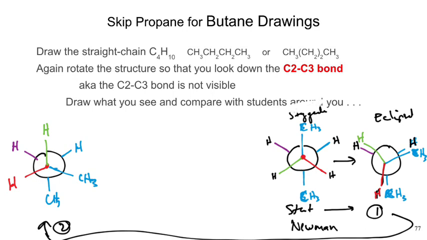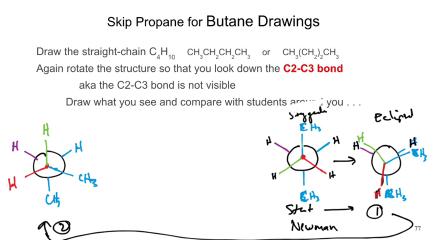The bonds are rotated. Why does that matter? Why is this a higher energy state than when it's staggered? What do each of those lines represent? Hydrogen bonds. That line does not represent a hydrogen bond. That's in fact a carbon. What does it represent? A bond.